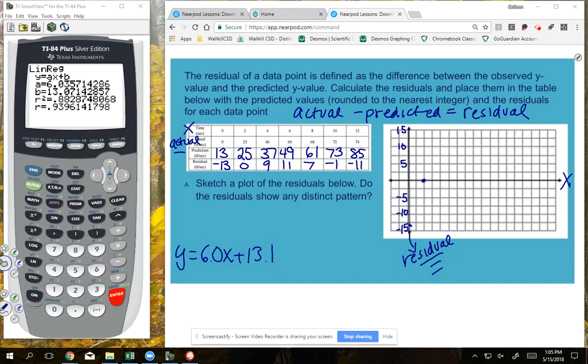Go across and create the whole residual plot. 4, 9. 6, 11. 8, 7. 10, negative 1. And 12, negative 11.